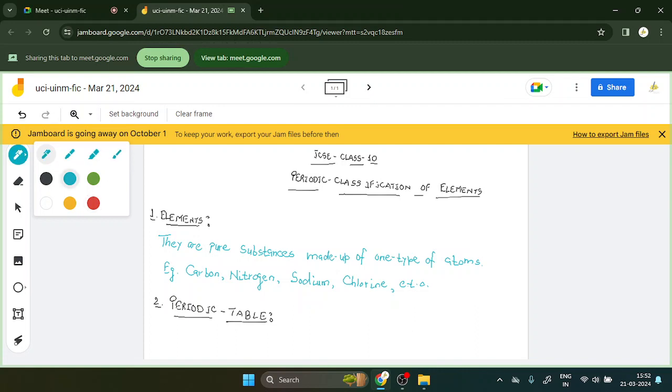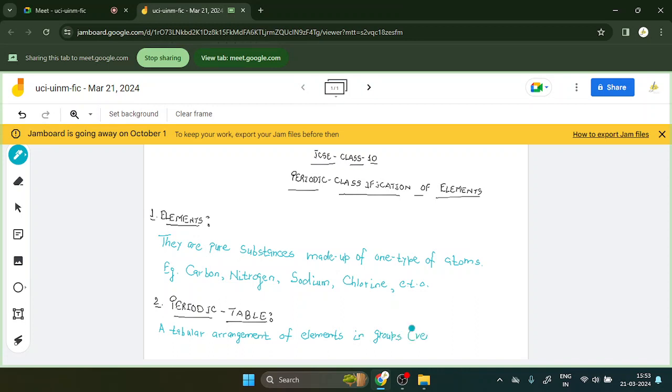So if someone asks you what is a periodic table, you have to tell them it's a tabular arrangement of elements in groups, which are vertical columns. We have a periodic table; those vertical lines are called the groups, and those horizontal lines are called the periods.